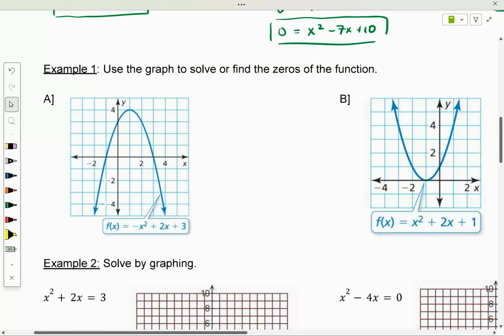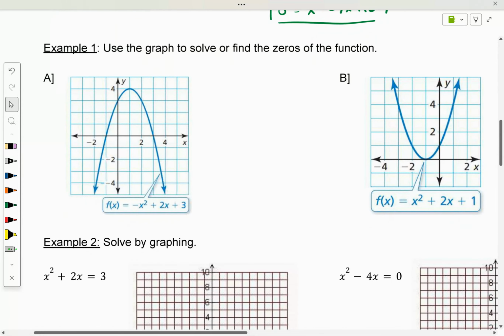Next part is something kind of new, but not really. It says use the graph to solve or find the zeros of the function. So we're going to take a look here. The zeros also just mean the x-intercepts or the roots. Hopefully you're more familiar with the term x-intercepts. Those are the x-intercepts right here.